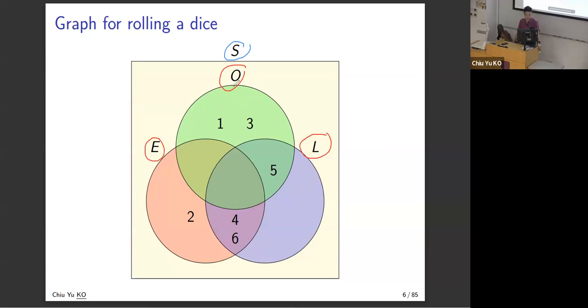In this way you will see the odd number involves 1, 3, 5 in a green circle. E will be just the even numbers 2, 4, 6, and large will be 5, 4, and 6. So this is the way to represent how different events are related. Later we will use this. The next slide tells you what the intersection and the union are, this kind of problem. Okay, so very quickly, let us continue.